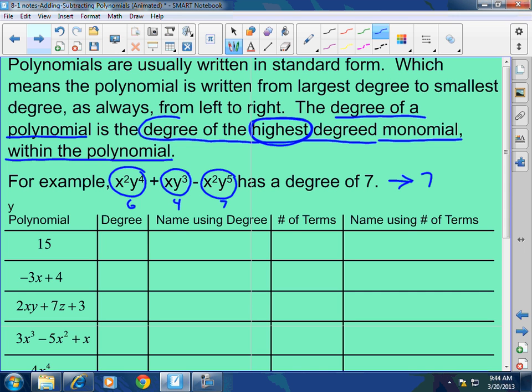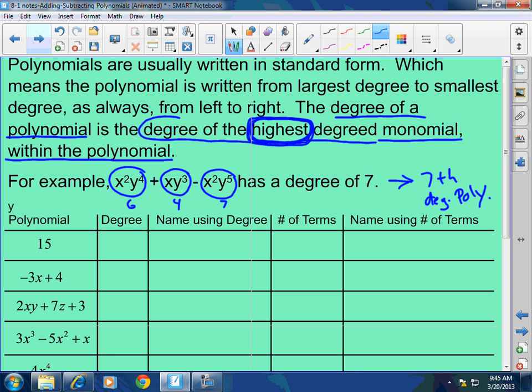It would be a 7th degree polynomial. Again, why, Mr. Morrow? Because the degree of the polynomial is the degree of the highest degreed monomial within the polynomial. Does that make sense, guys?